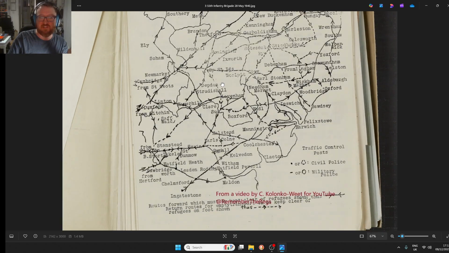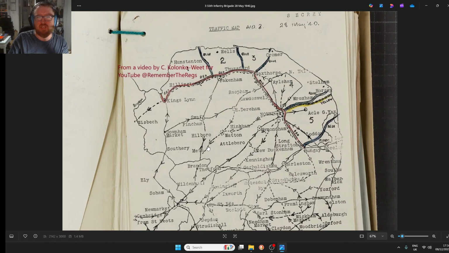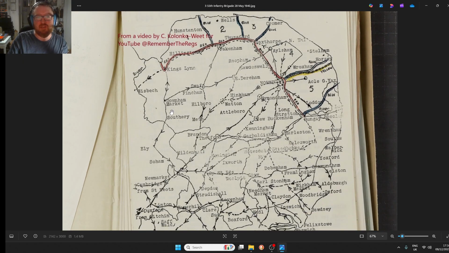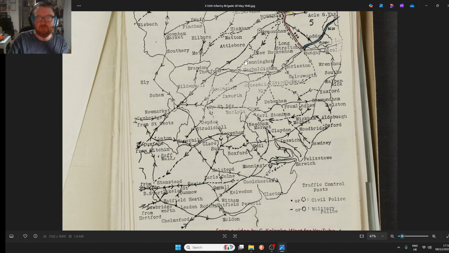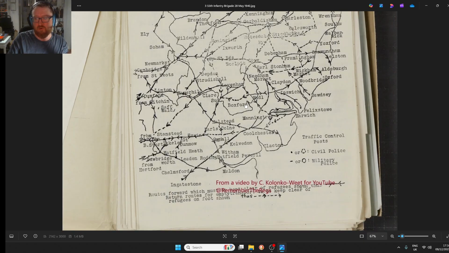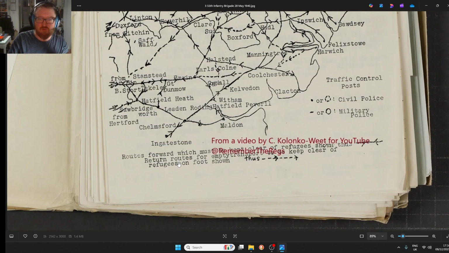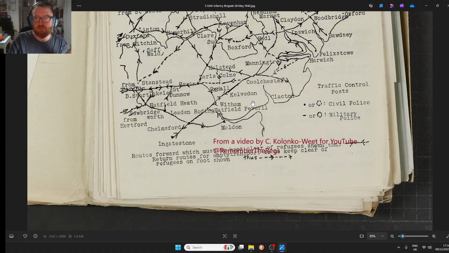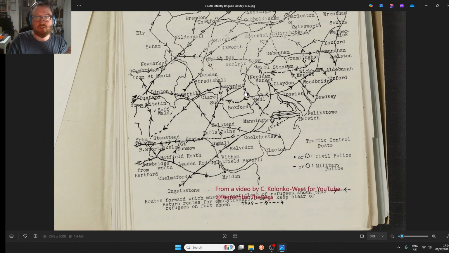And you can clearly see here that there's a vast amount of planning going into determining which roads are going to be used and how they're going to be used and which direction traffic's going to go and all this stuff as well. Routes forward, which must be kept clear of refugees, shown as thus, so a solid line, and return routes for empty transports to be kept clear of refugees on foot, shown by dotted lines.